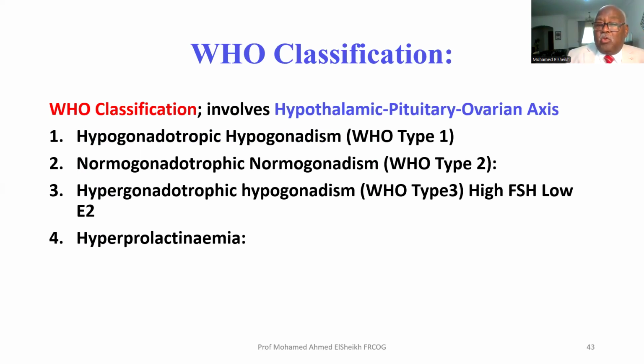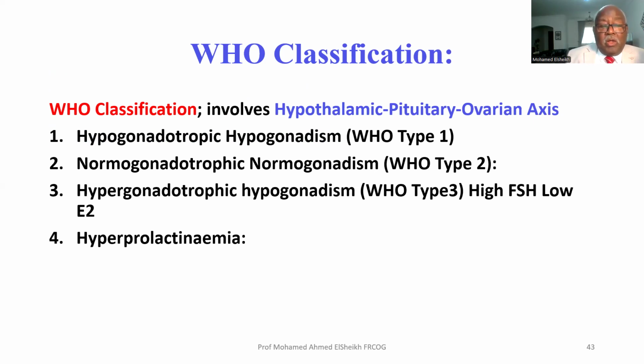Type 1 WHO is hypogonadotrophic hypogonadism: low FSH, low E2, hypo both. Type 2 is normogonadotrophic normogonadism: normal FSH, normal E2.